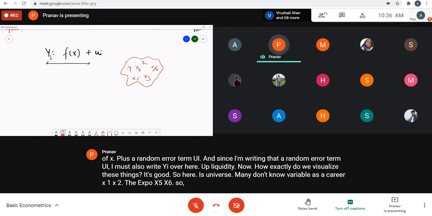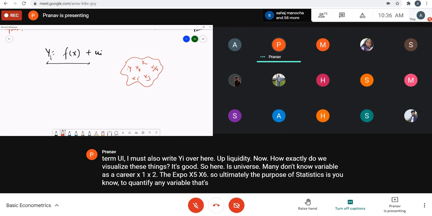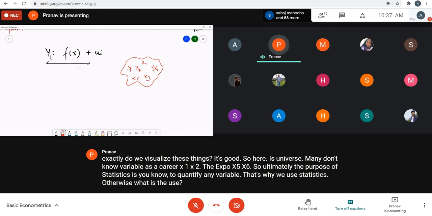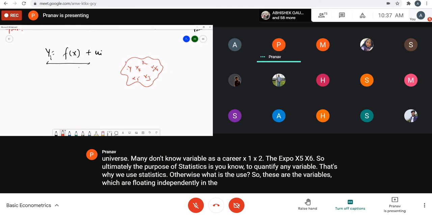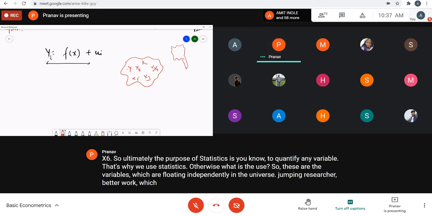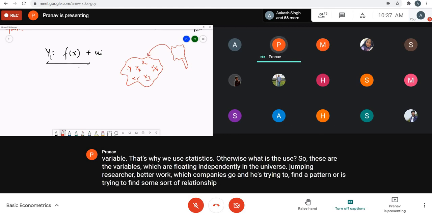Ultimately the purpose of statistics is to quantify any variable. That's why we use statistics. Otherwise, what is the use? So these are the variables which are floating independently in the universe. Here a researcher is sitting, with nothing else to do, and he's trying to find a pattern, some sort of relationship between these 5 or 6 variables that he notices in this universe.